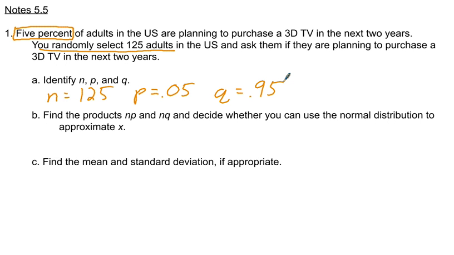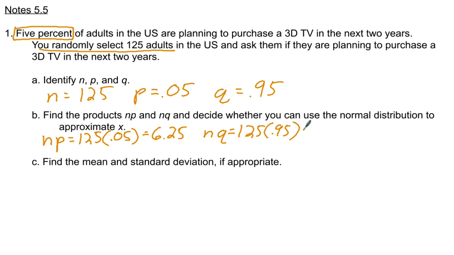Now in part B, we want to find the products np and nq and decide whether we can use the normal distribution to approximate X. So np is 125 times 0.05, that equals 6.25. nq equals 125 times 0.95, and that equals 118.75.